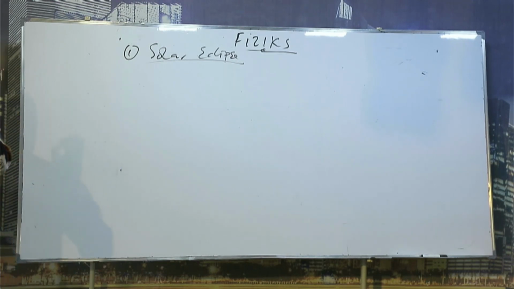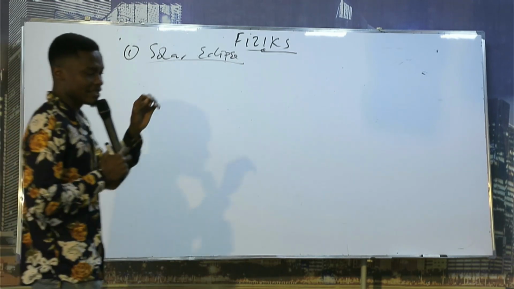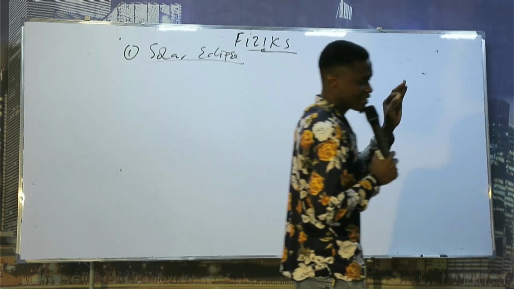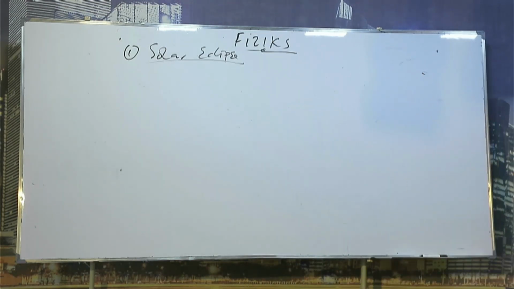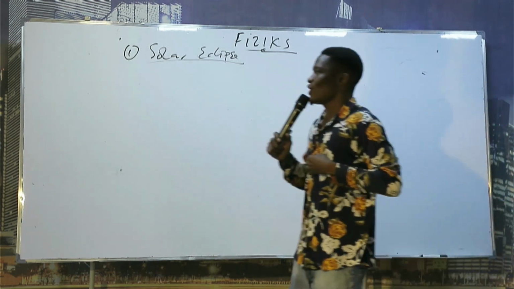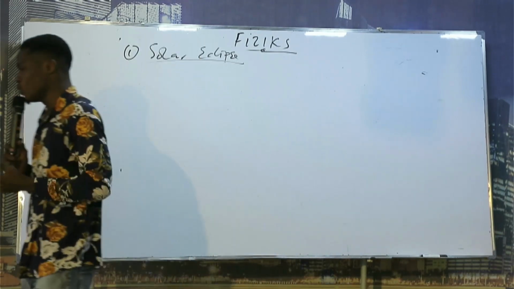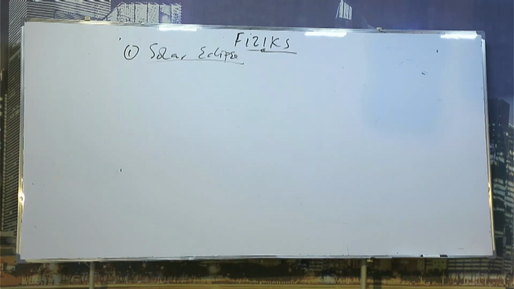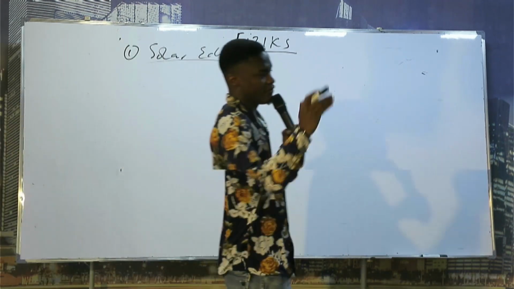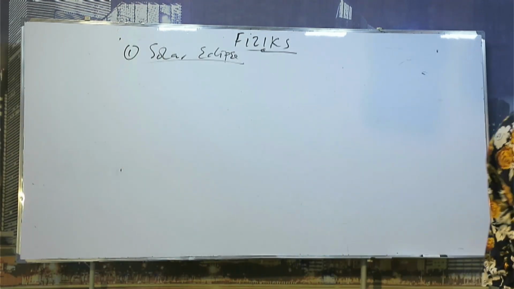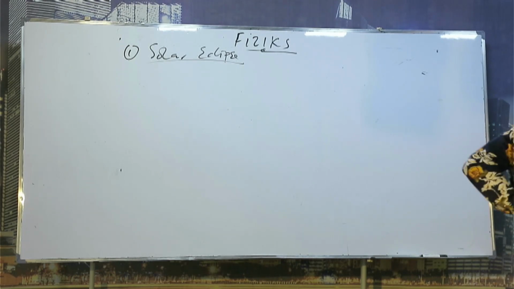Because of the small size of the moon compared to the earth, the entire earth is not obstructed.